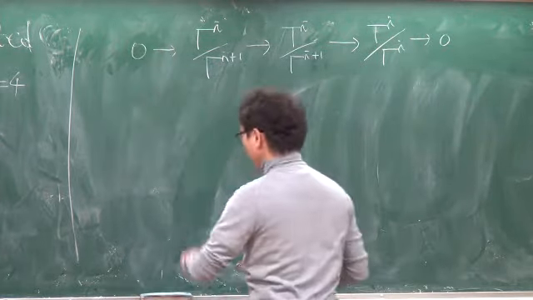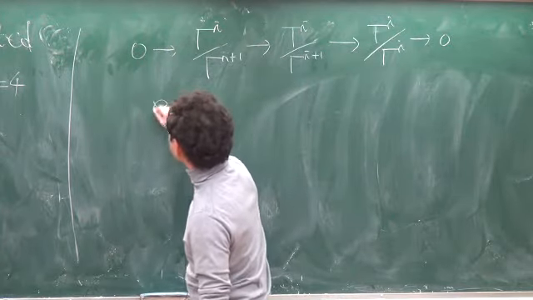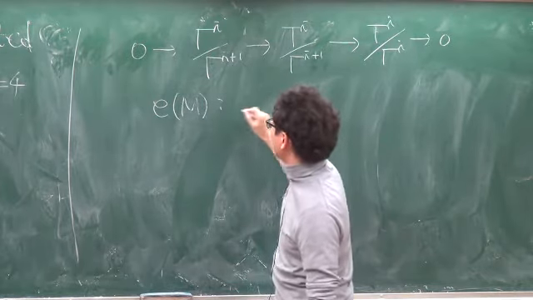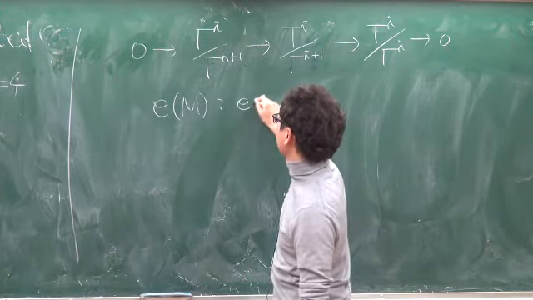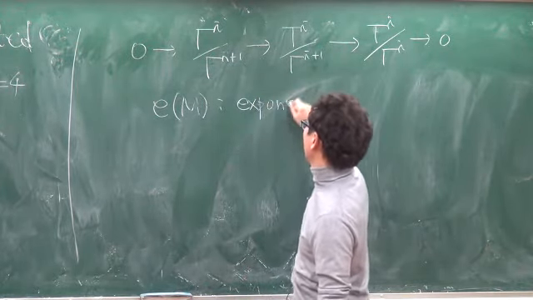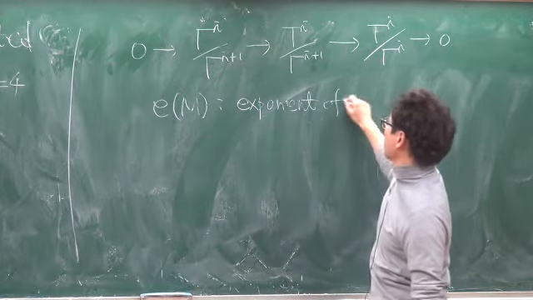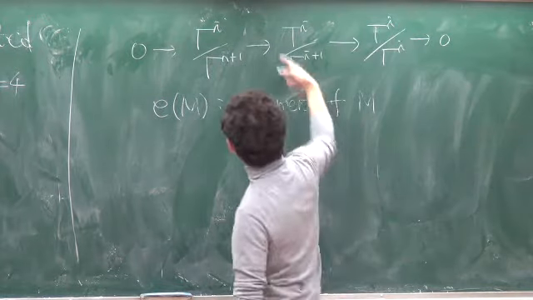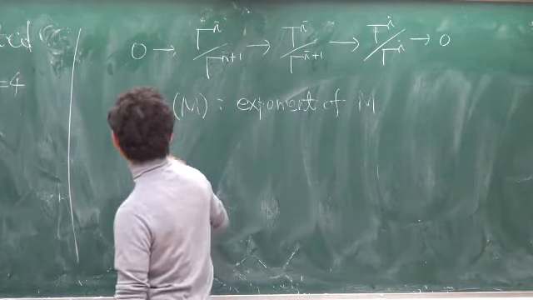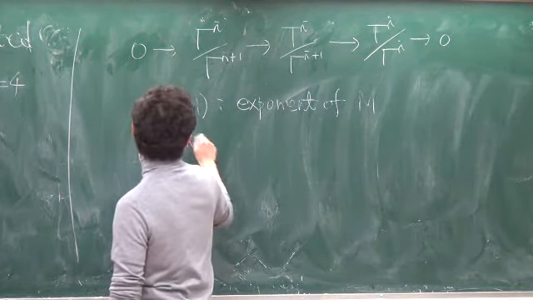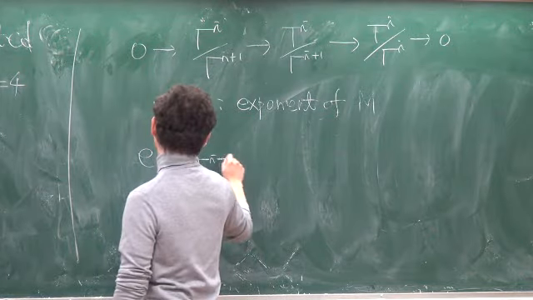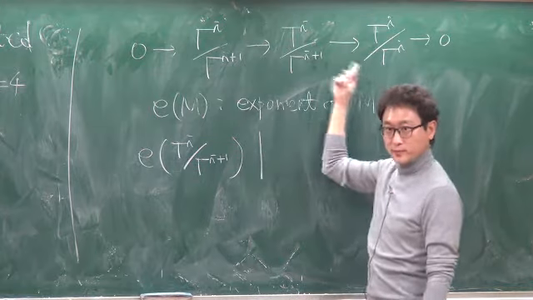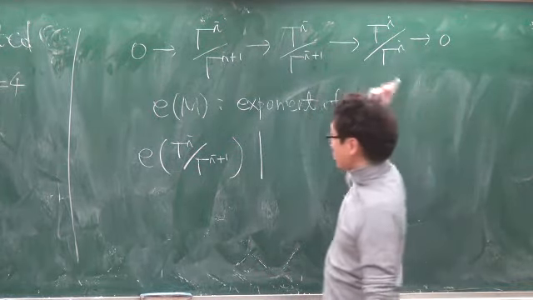We write E(M) for the exponent of an abelian group M. The exponent of the middle one divides the product of the exponents of these two.